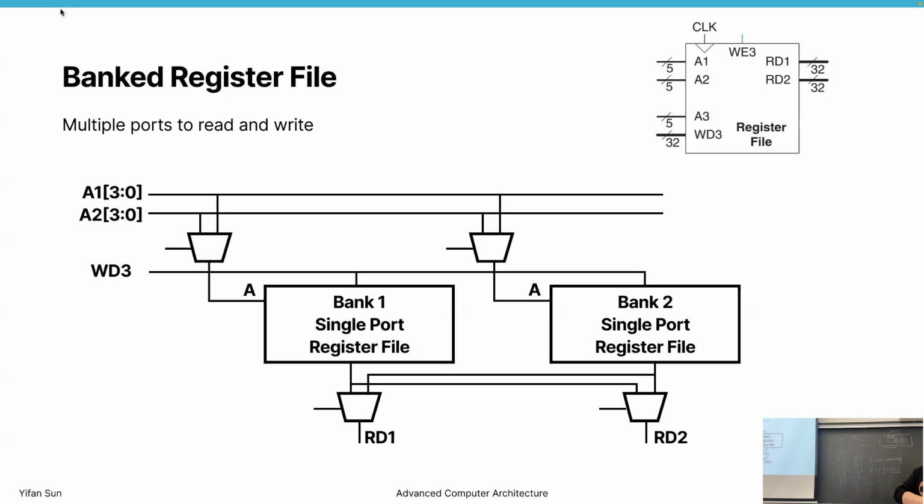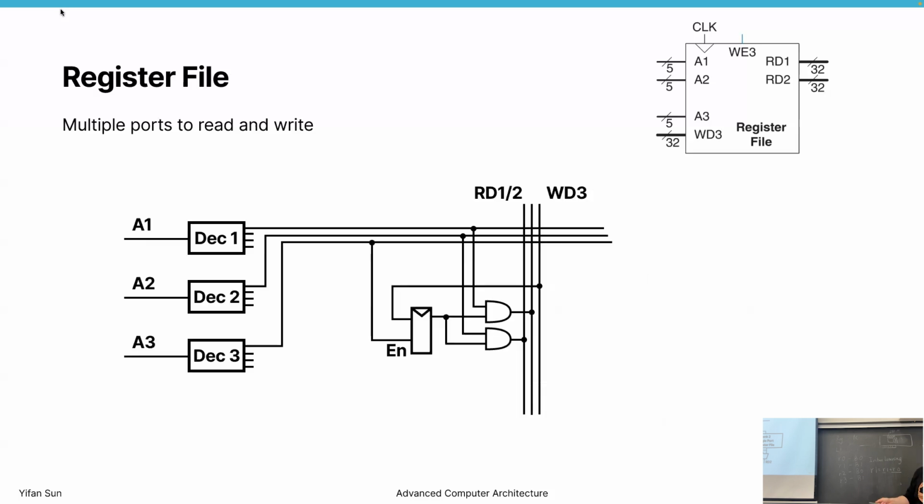Then in an extreme case, consider this one. If you consider each register has its own bank, this is the design. In this design, each register has its own bank, so we can read and write them at the same time. Okay.